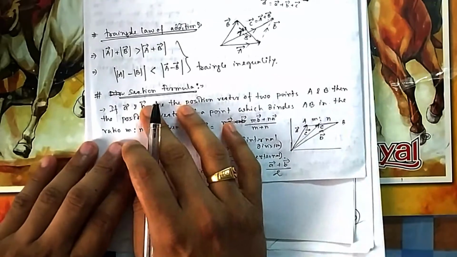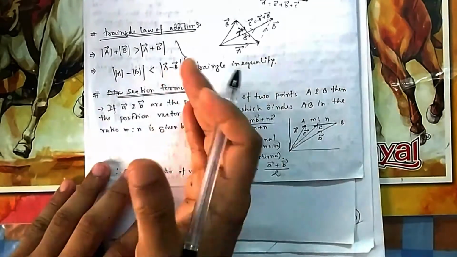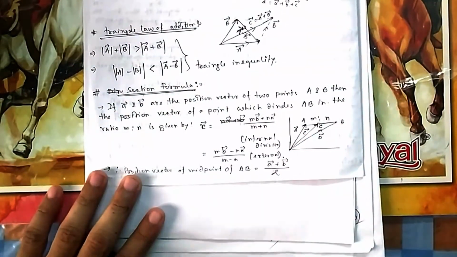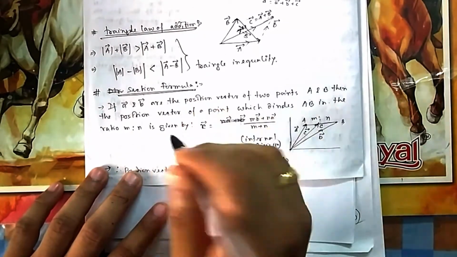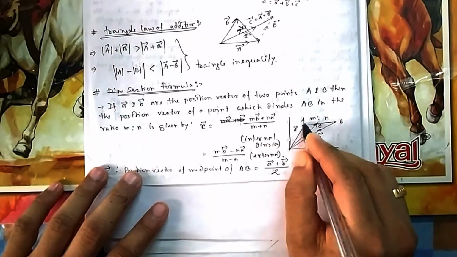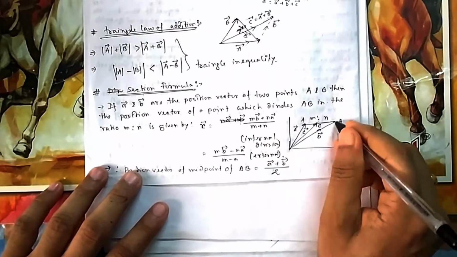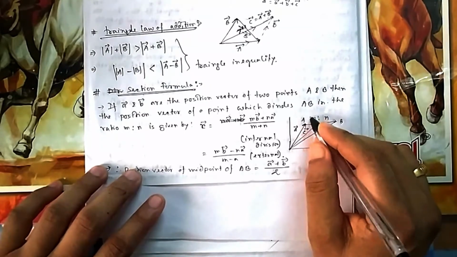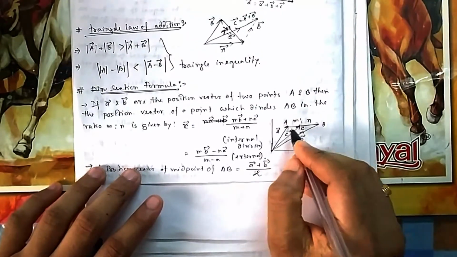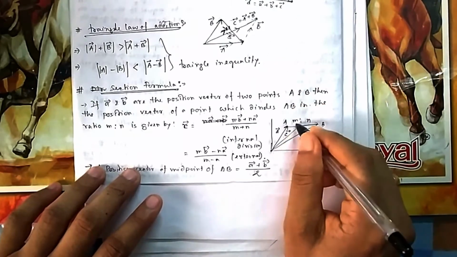Now what is the section formula? Whatever you have done in coordinate geometry will be replicated in vectors. Why? Because in coordinate geometry, whatever the point was, the coordinate, here it will be the position vector. So the position vector of point A is A vector, and the position vector of B is B vector. In coordinates we wrote it in bracket, abscissa and ordinate format. Suppose C is a point which divides AB in the ratio m is to n.